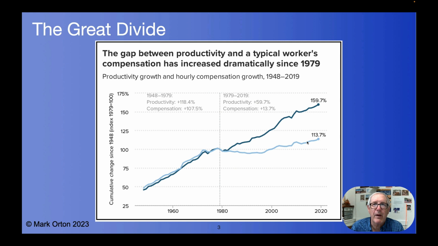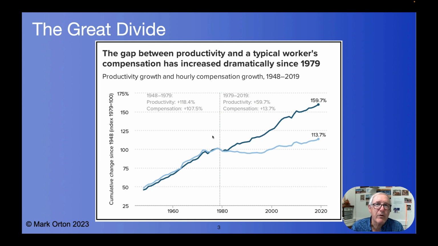The second element on this graph is average wages. What's a typical worker earn? The thing to notice here, and it's very noticeable, is that between 1948 and 1979, the two lines squiggled around each other very happily. As productivity rose, wages rose with it.